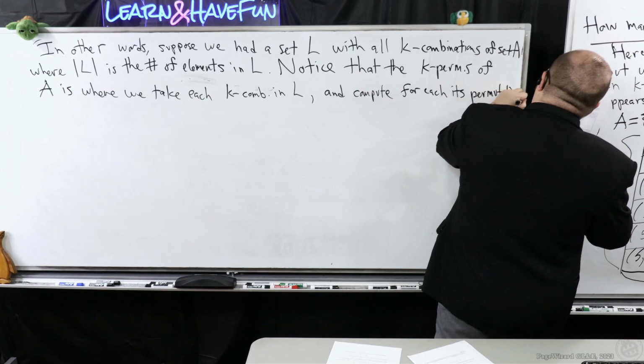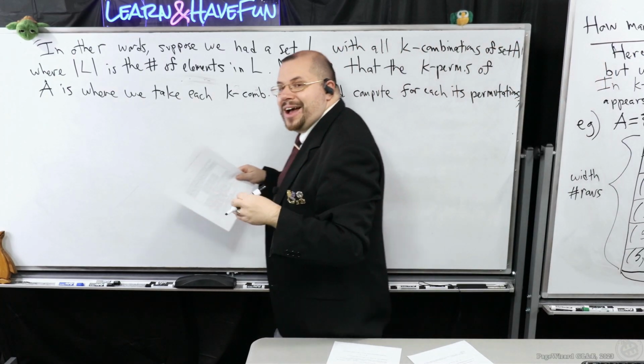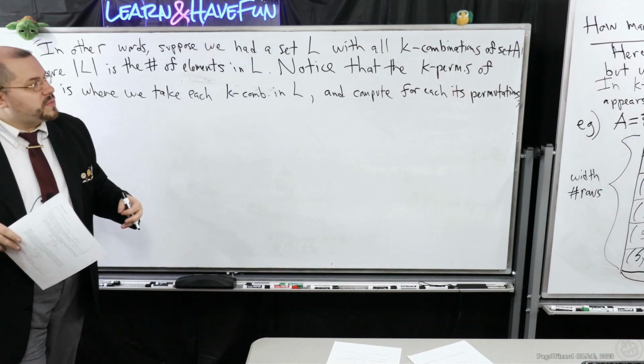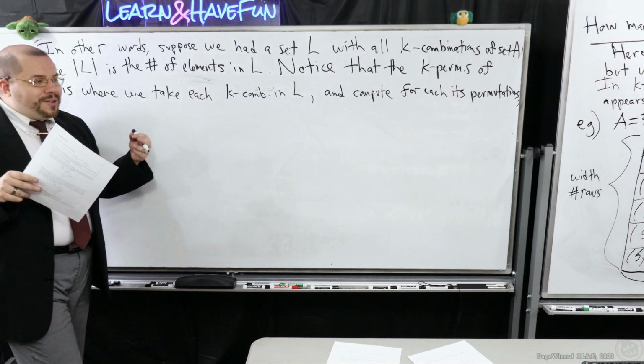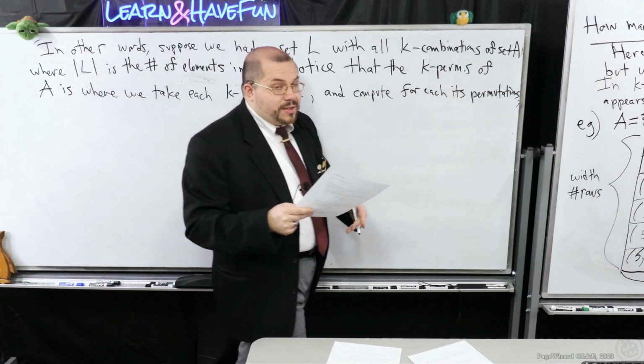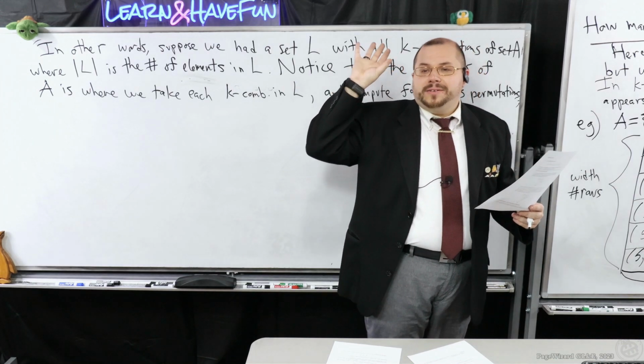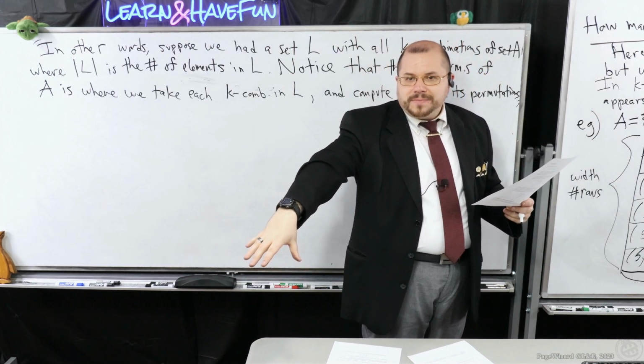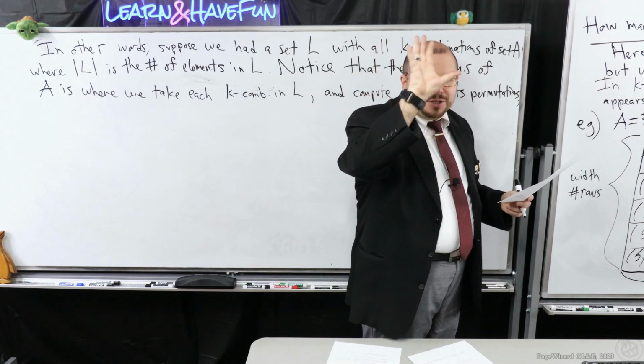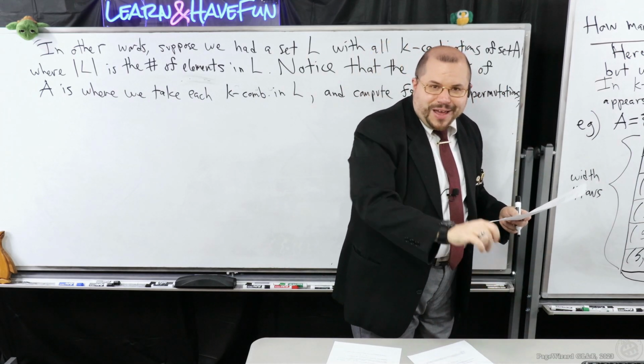Right? We compute all the permutations of that k combination. So notice that it is actually a process as follows: I pick a k combination, then I compute the permutations of that.